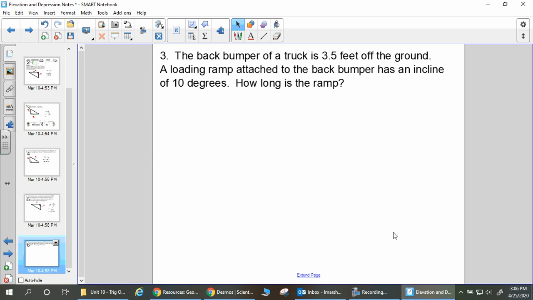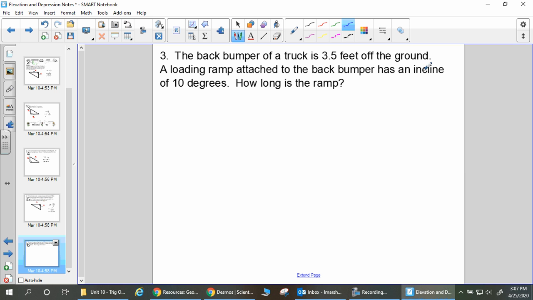Let's do one more. The back bumper of a truck is 3.5 feet off of the ground. A loading ramp attached to the back bumper has an incline of 10 degrees. How long is the ramp? So this is the only question we've looked at that doesn't use the word elevation or depression. And I will say 90% or more of the problems would probably use one of those two keywords.